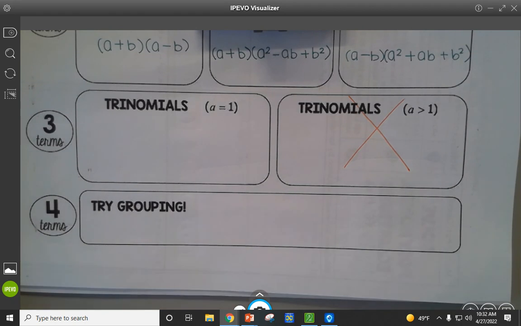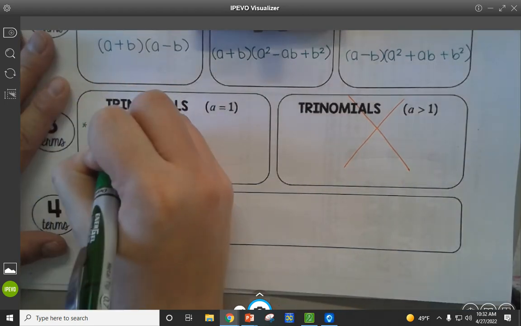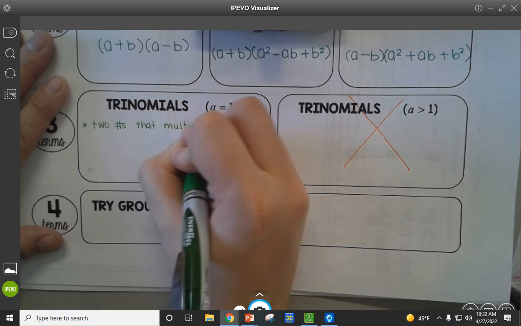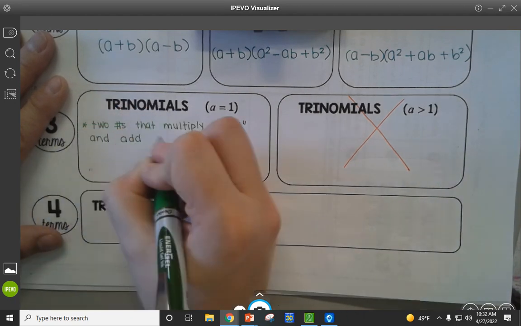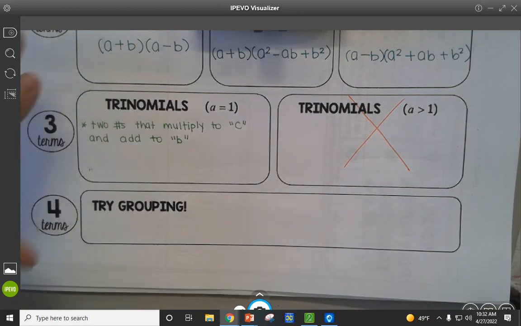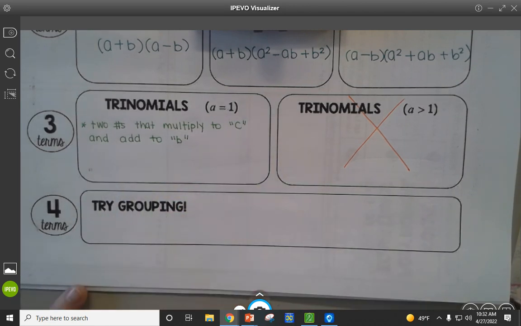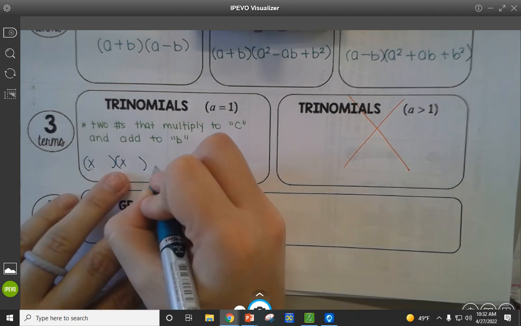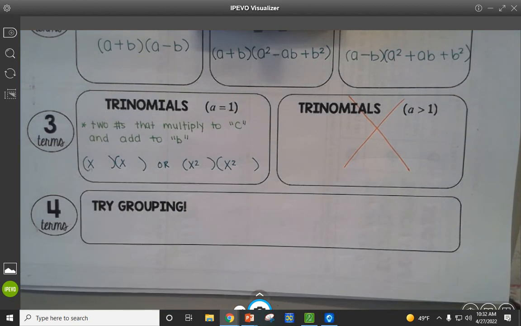But when we have trinomials, you are looking for 2 numbers that multiply to your C and add to B. 2 numbers that multiply to C and add to B. And then you'll just have your parentheses x plus something, or it could be the x squareds, like we did a few of those examples. So your answer would look like one of those 2.